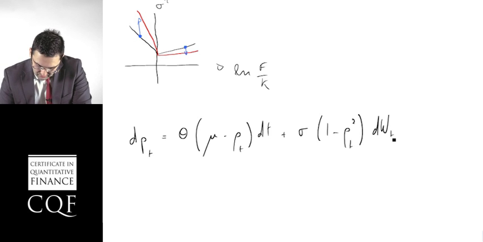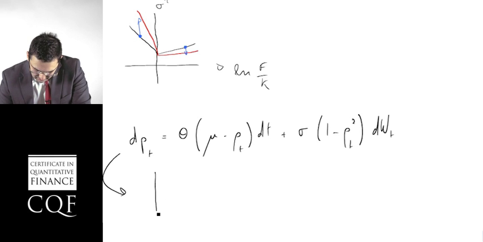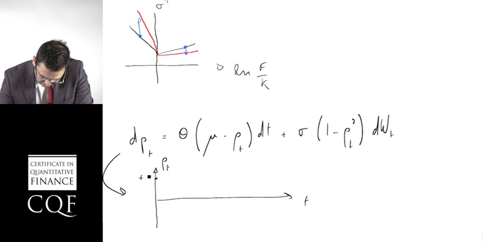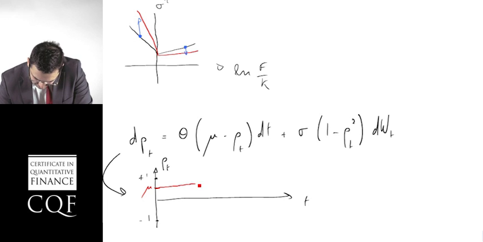Okay, so if you were to plot that specific function, it would look perhaps like this. If this is time, and this is rho_t, as we have seen, rho_t is bounded between plus 1 and minus 1. And maybe in equities, the mu here, so that line here, is on average right here.